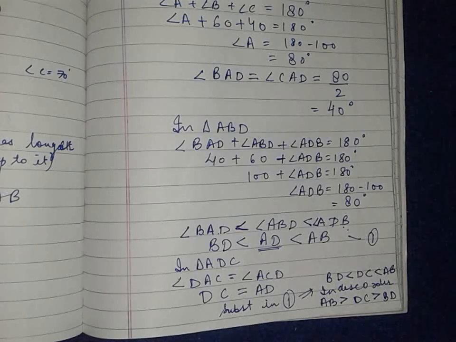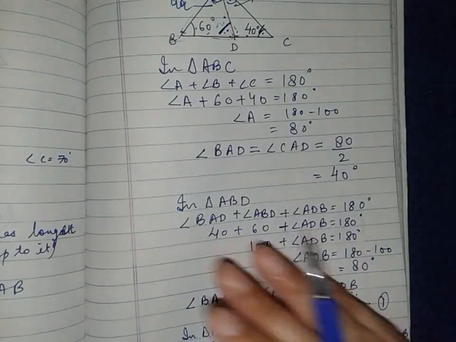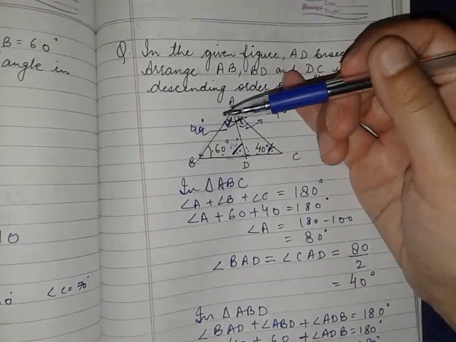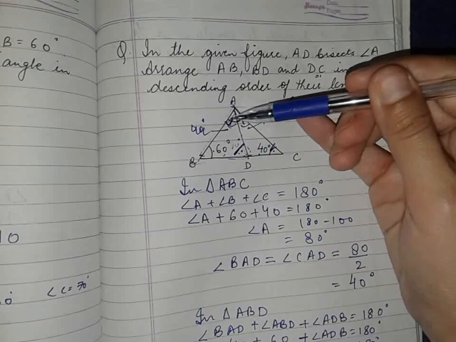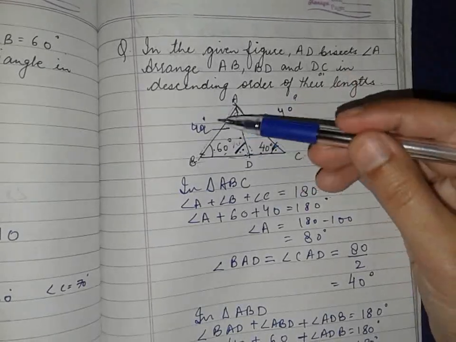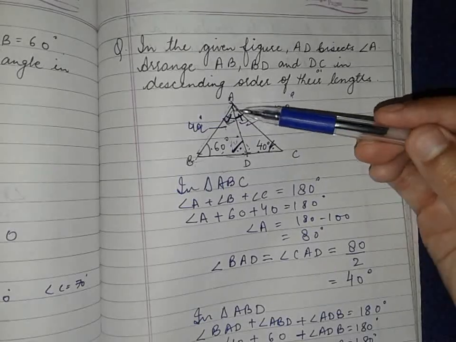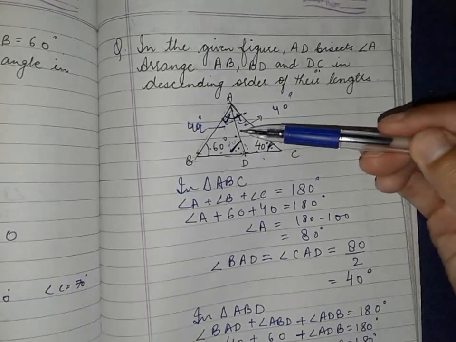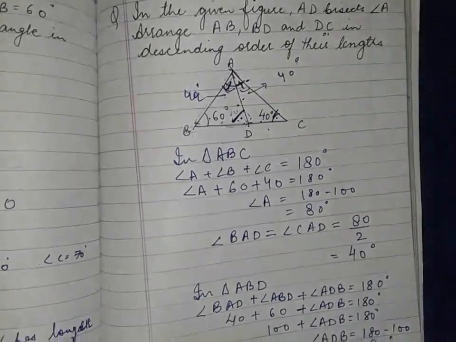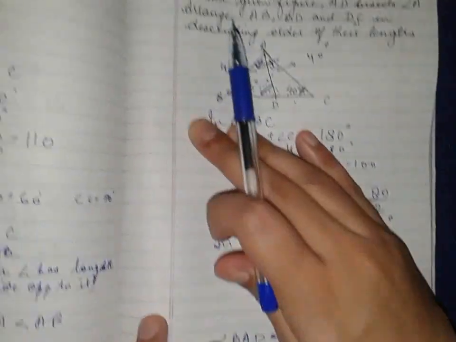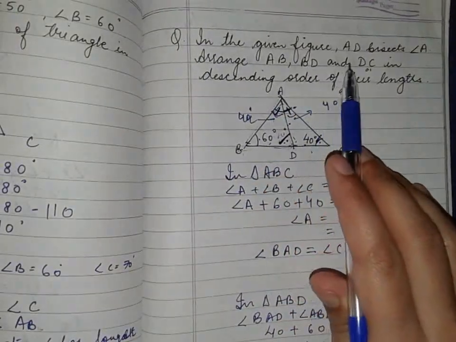This is the descending order of the sides. What we have done in the question is, we have found all the angles of this triangle, then compared all the sides of this triangle. I have compared all the sides because from this triangle we have got AD equal to DC, so substitute that value in place of this, because the sides to be compared were AB, BD and DC.